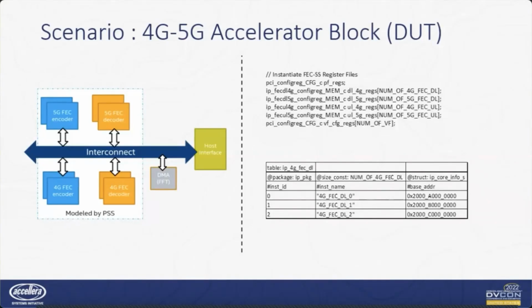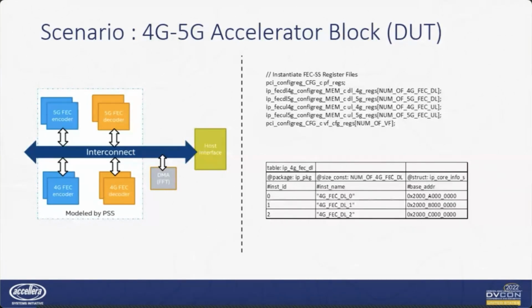And since the FEC acceleration transaction does not contain cell state information, it can be easily virtualized, enabling pooling benefits and easy cell migration. So you can see from the block diagram that there are multiple instances of these 4G and 5G FEC blocks. So there is a 5G FEC decoder, which is basically used during 5G downlink.